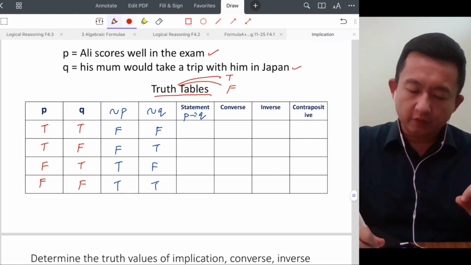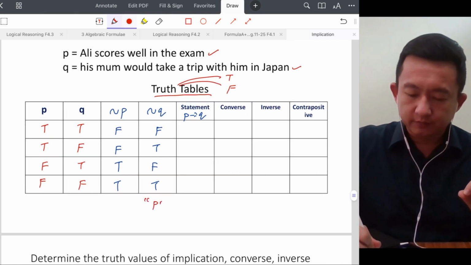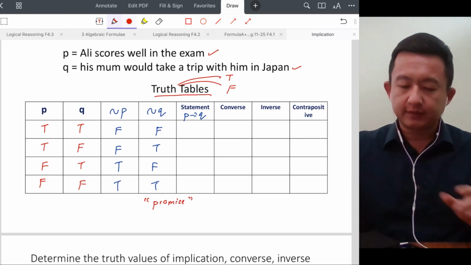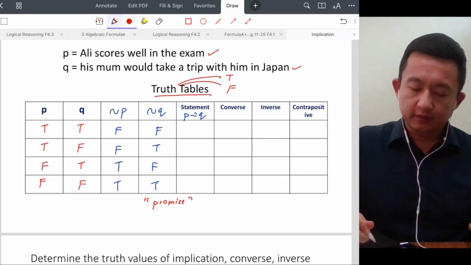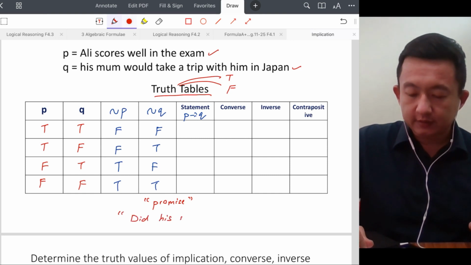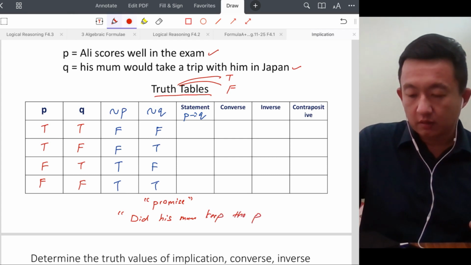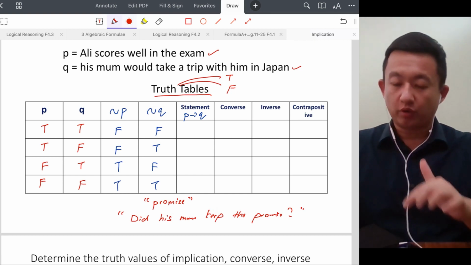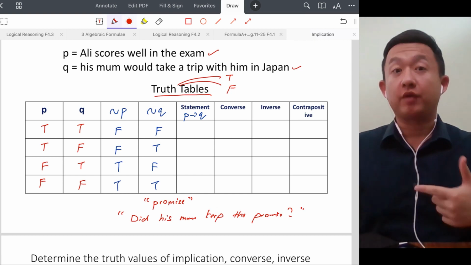Okay. Think of this like a promise. And then you ask yourself this question: did his mom keep the promise?